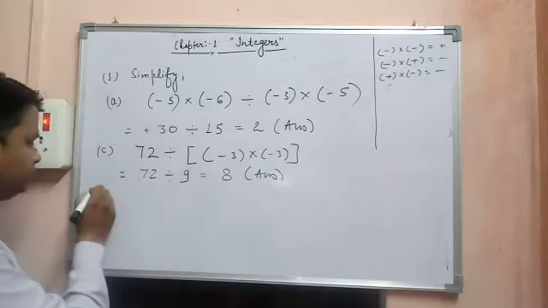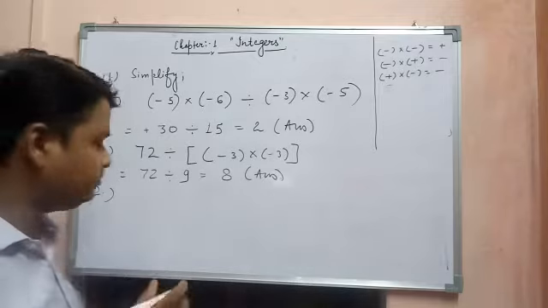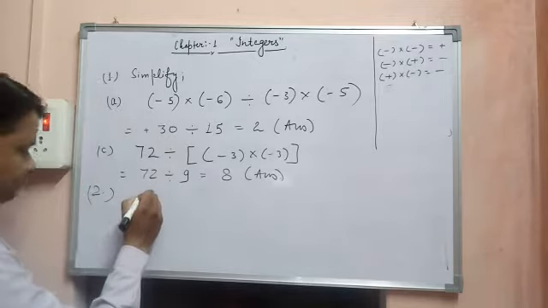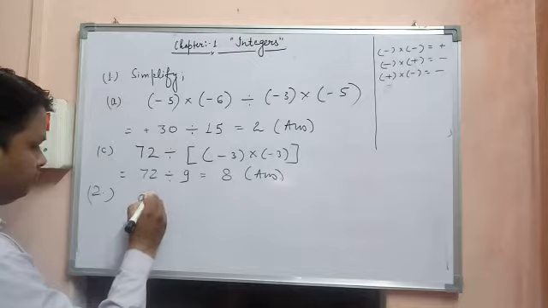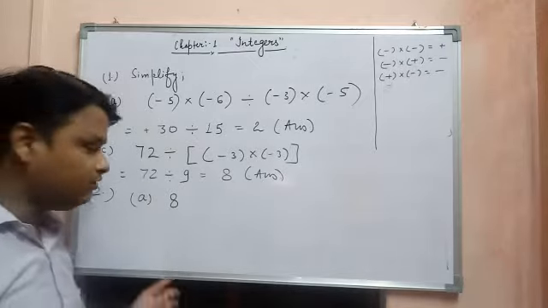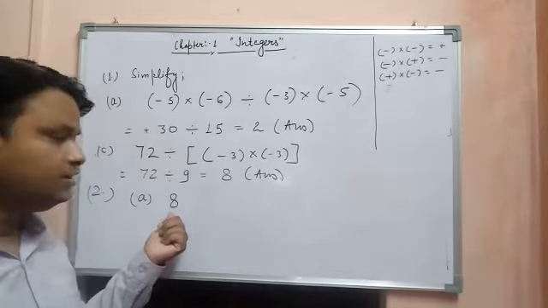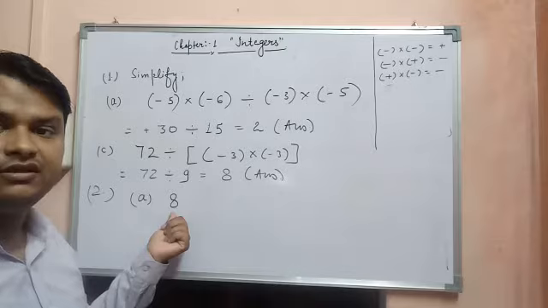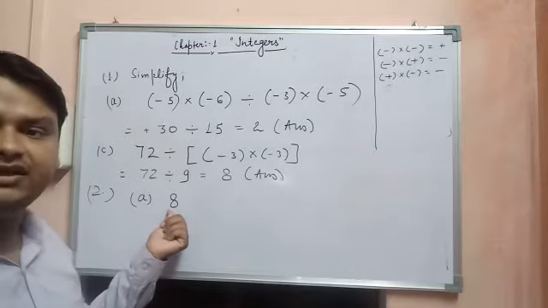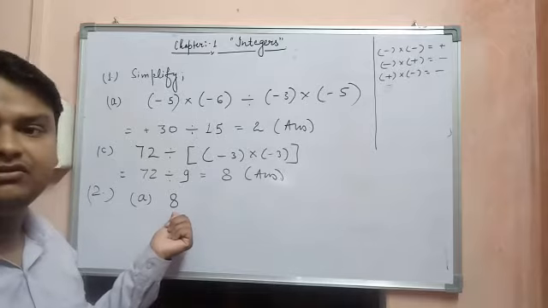Now we move on to question number 2. Find the additive inverse of the following. Additive inverse means: for this integer, what is the integer which, if we add to it, gives 0?